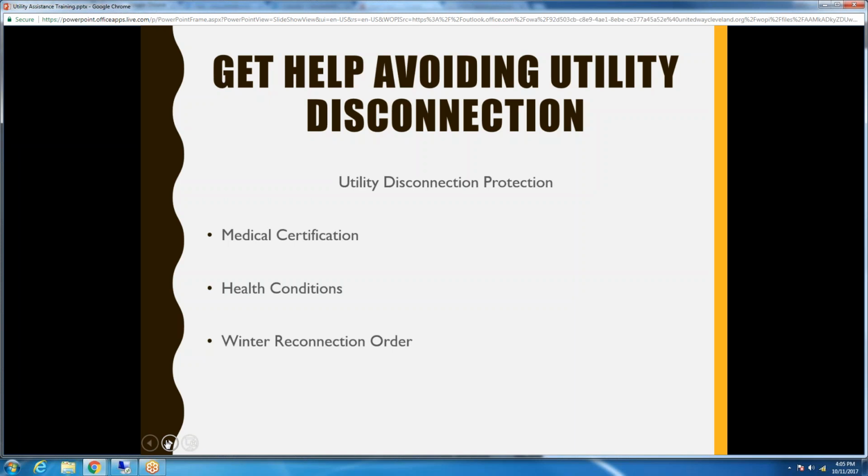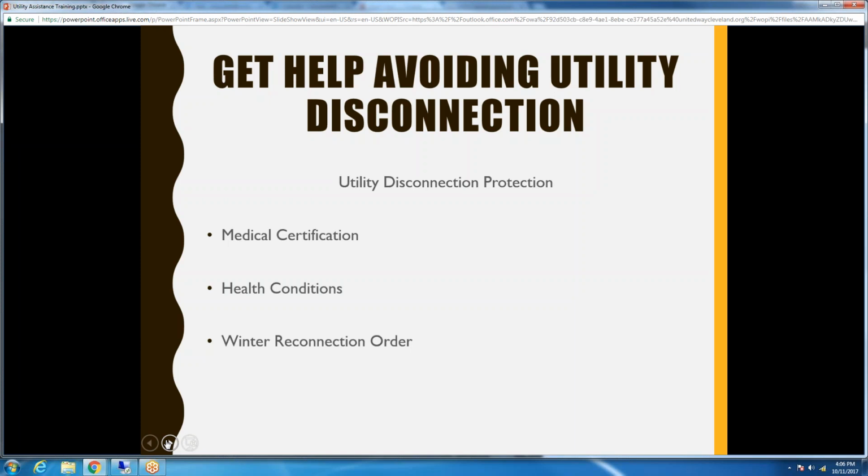Now, here's something really big with medical certs. An active medical cert removes the account from disconnection status. Once again, it removes the account from disconnection status, which may mean that they do not qualify for other programs while using the cert.